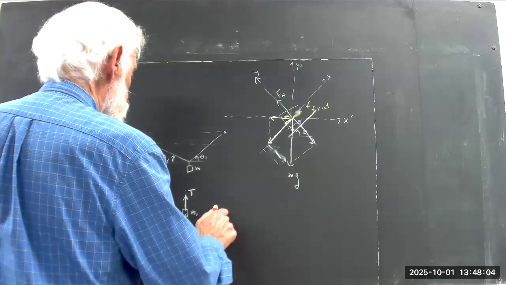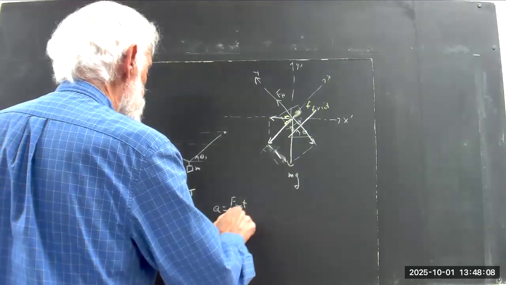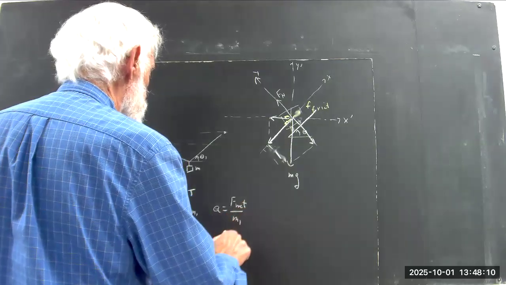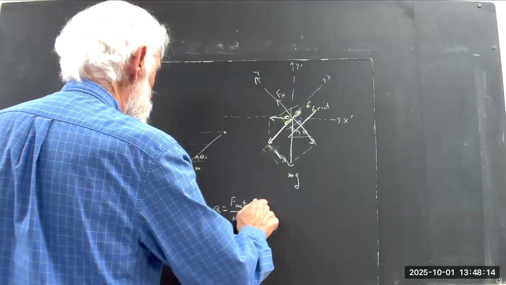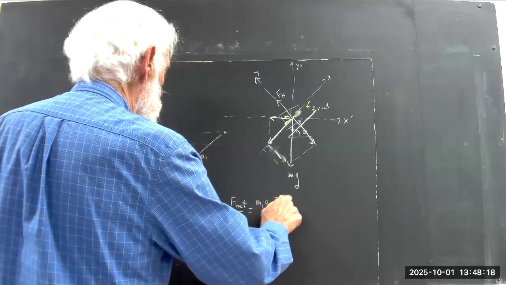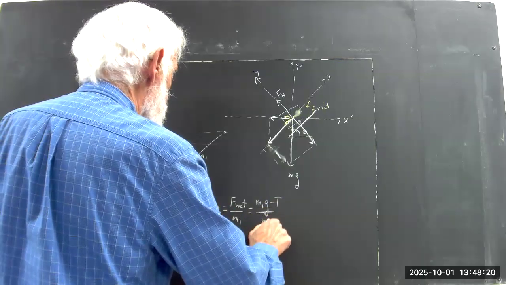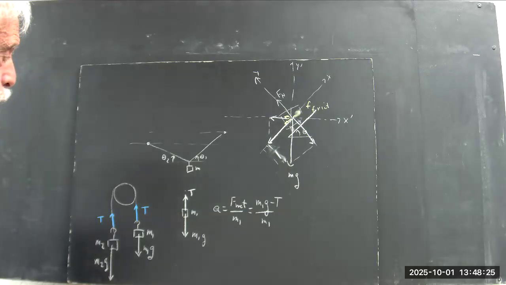So what is the acceleration? That'll be M1G minus T over M1.